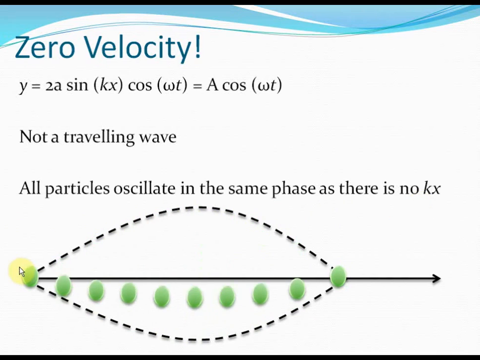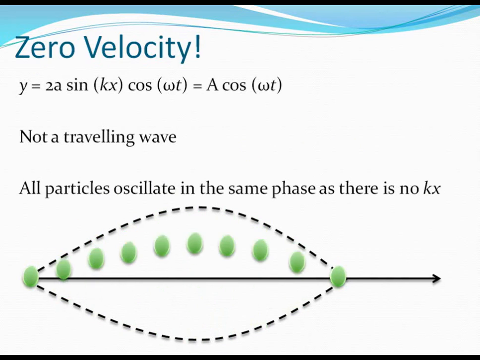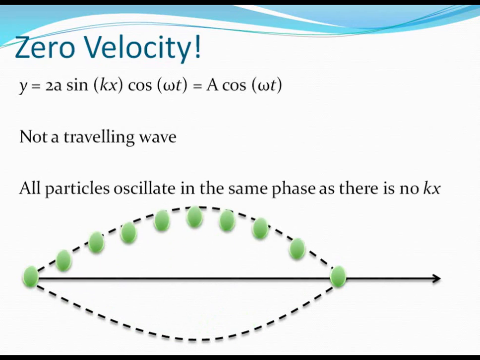The particles were oscillating such that not all of them were at the mean position at the same time, not all of them were at their maximum position at the same time. In fact, one particle reached its maximum position, then the other particle reached its maximum position, then after some time another particle reached its maximum position. They were all lagging behind each other in phase.